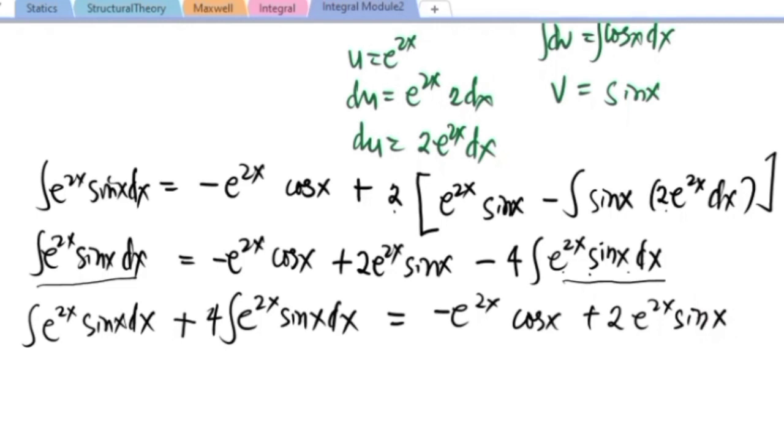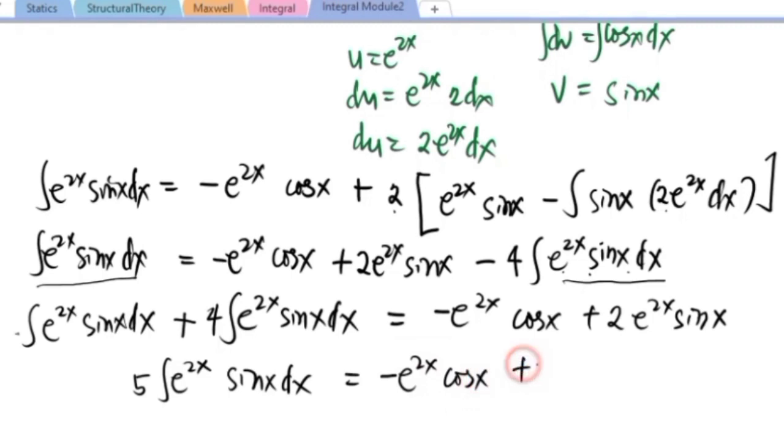So, ibig sabihin, you have 1 here. So, 1 plus 4, so that's 5 integral of e to the 2x sine x dx. This is equal to negative e to the 2x cosine x plus 2 e to the 2x sine x.